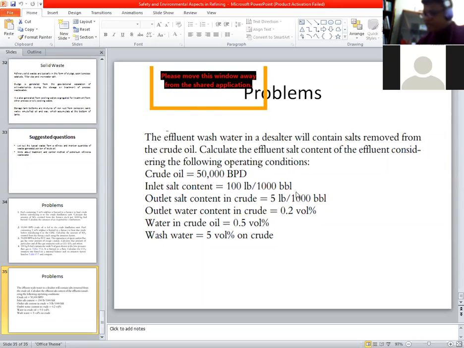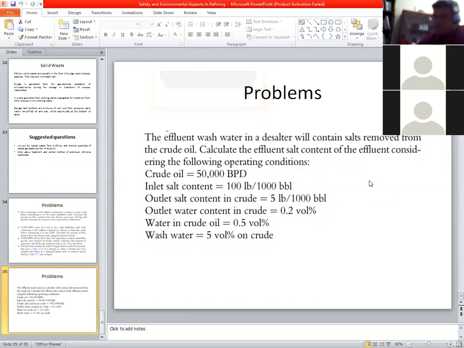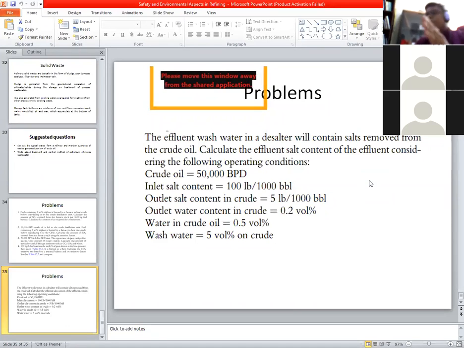I give you 1 minute. 4,750 pound per day, doctor. Very good. 4,750 pound per day. That is the mass flow rate of the salt removal by the desalter.